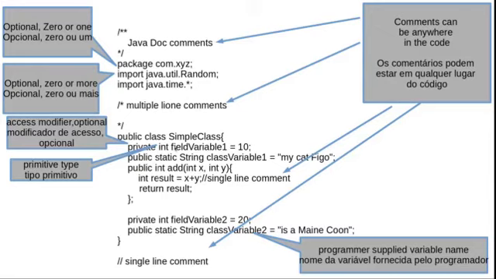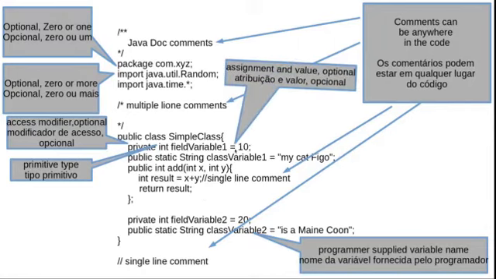Then you'll see I've got a field variable name, and here I've got another one, which is programmer supplied. Then this is an assignment. I'm assigning a value of type int, of type integer, to this reference.